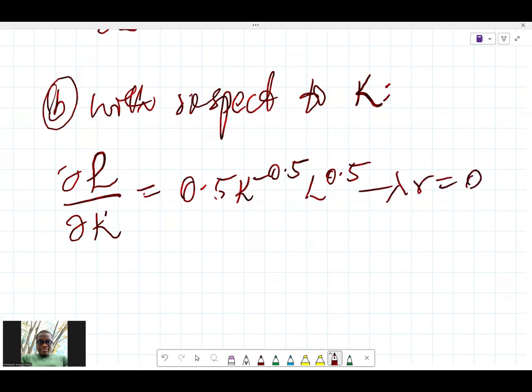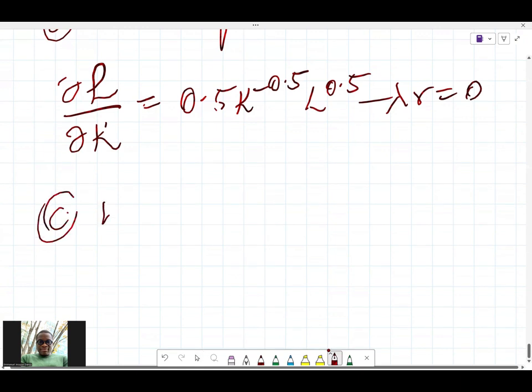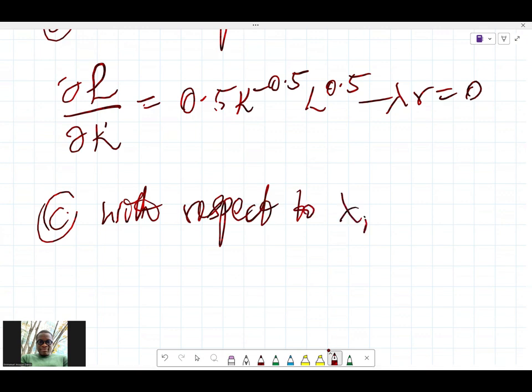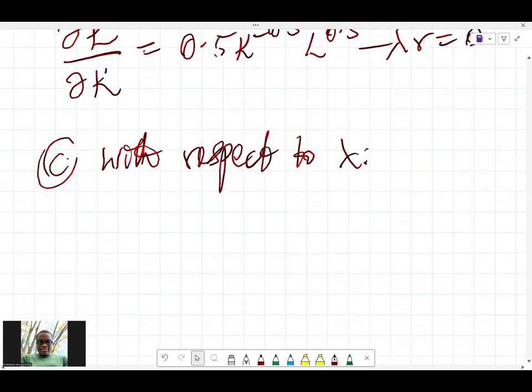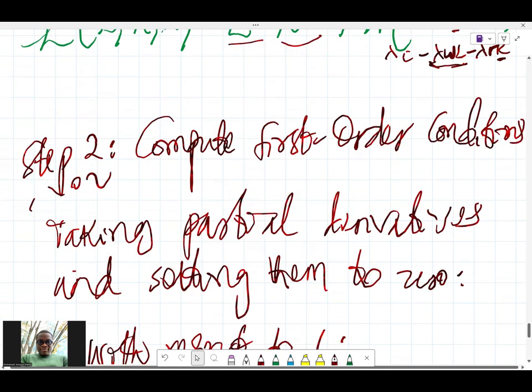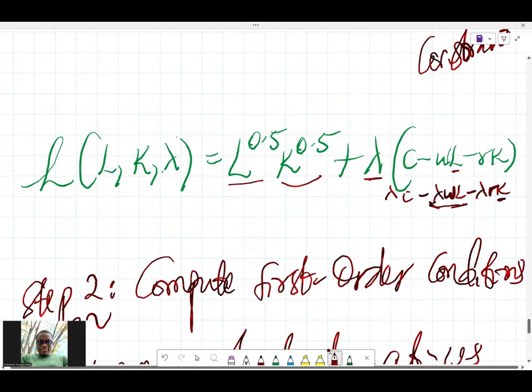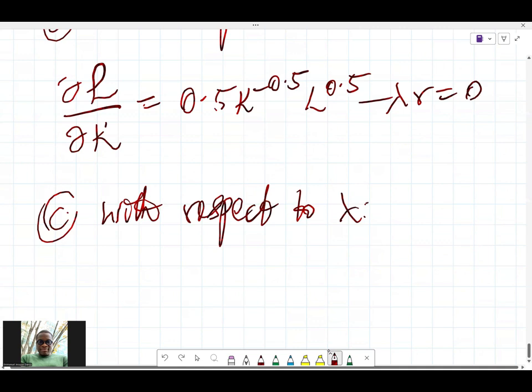That's also there. Then we now do with respect to lambda itself, the third variable, the Lagrange multiplier. So now you see here, lambda is only here. So all this will go to 0. And then you have C minus. So in short, you just have what is in bracket here, because if you differentiate this, whatever is left in that bracket remains when we differentiate with respect to lambda, okay?